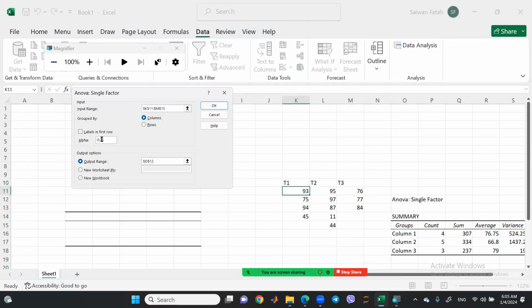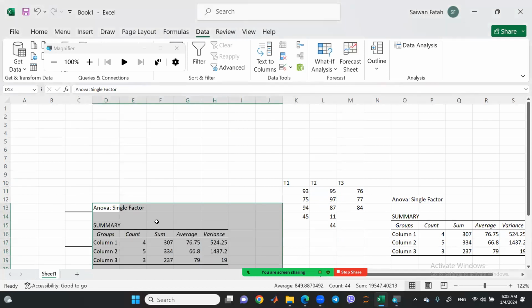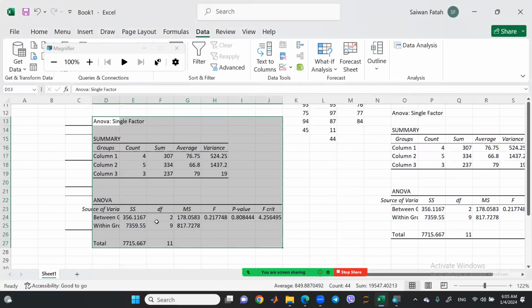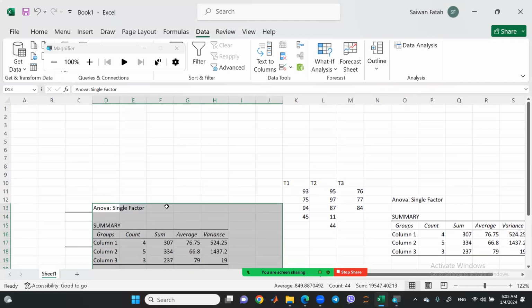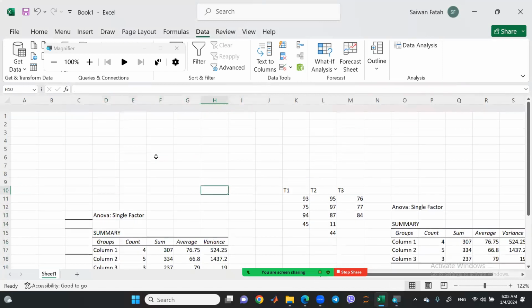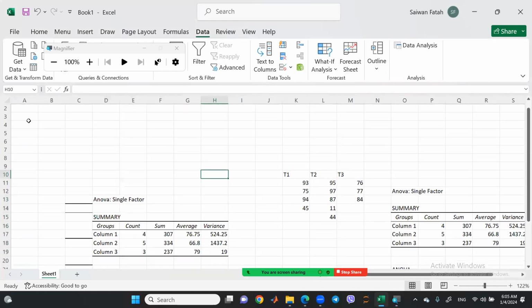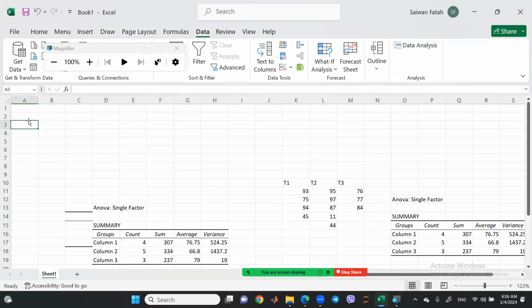Then put the alpha value, and then choose a cell for giving you the result. Let's give us here. Okay, that's it. It's easy.